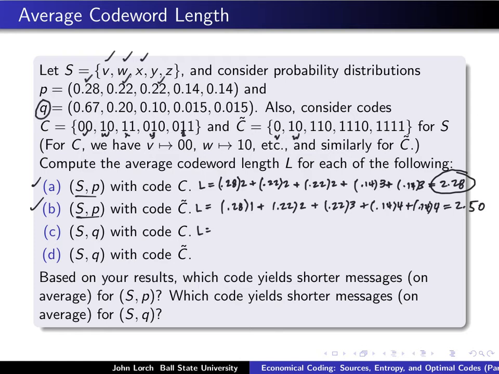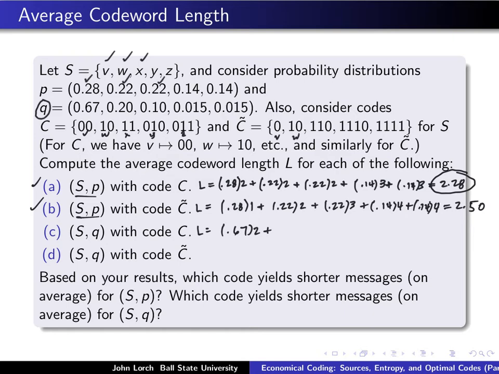Now in part C, we're going to use our new source with probability distribution Q and our original code, capital C. So our first probability in this new setting is 0.67. The length of the first code word in C is 2.